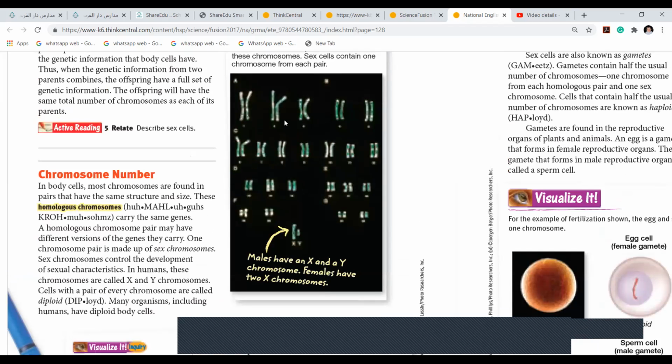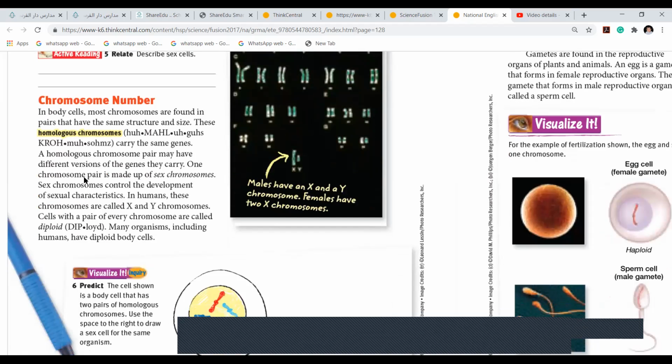They have the same structure and size. These homologous chromosomes carry the same genes. The homologous chromosome pair, when I say pair, what does that mean? Two chromosomes may have different versions of the genes that they carry. One chromosome pair is made up of sex chromosomes. Sex chromosomes control the development of sexual characteristics. In humans, these chromosomes are called X and Y.